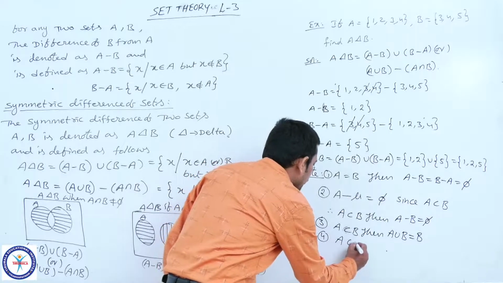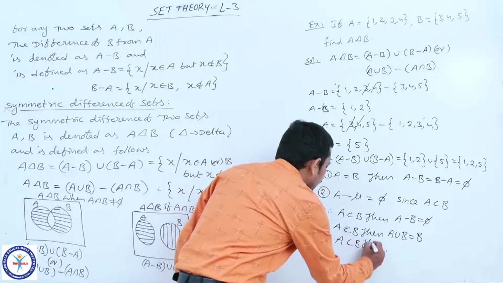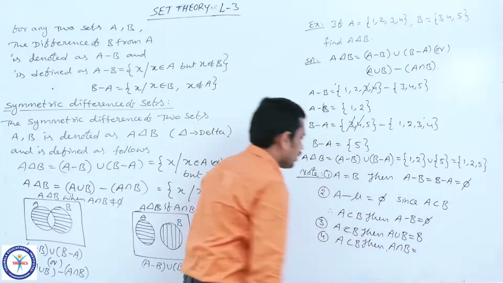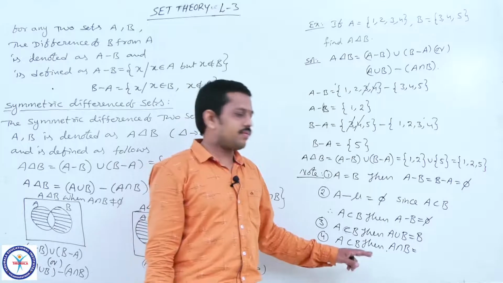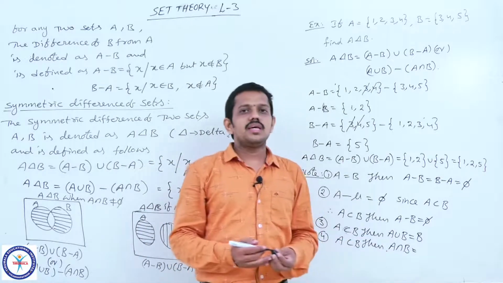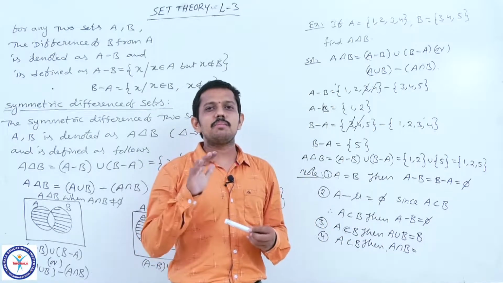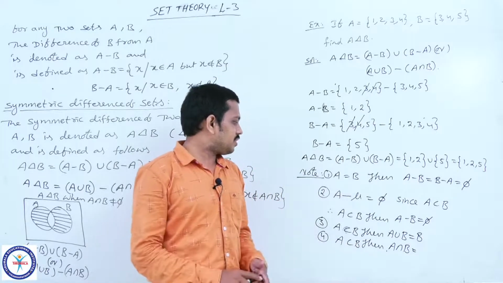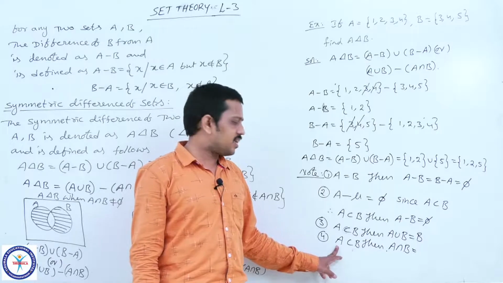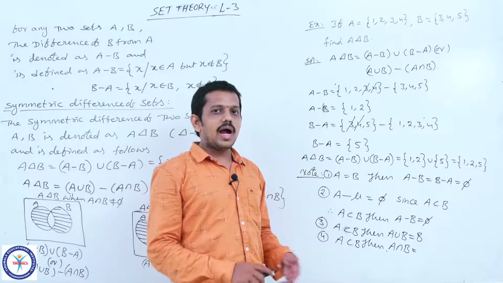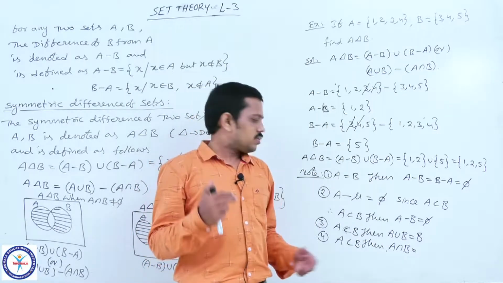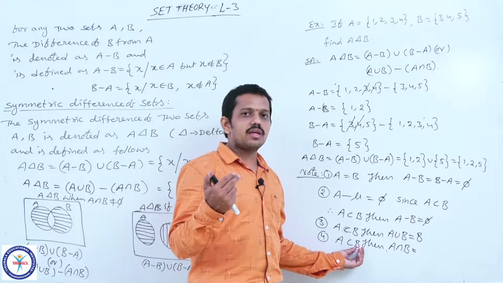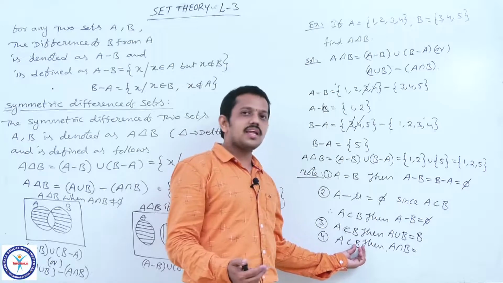If A is a subset of B, then what is A intersection B? A intersection B means the common elements in both A and B. A is a subset of B means every element of A is also an element of B, and B may or may not have additional elements.